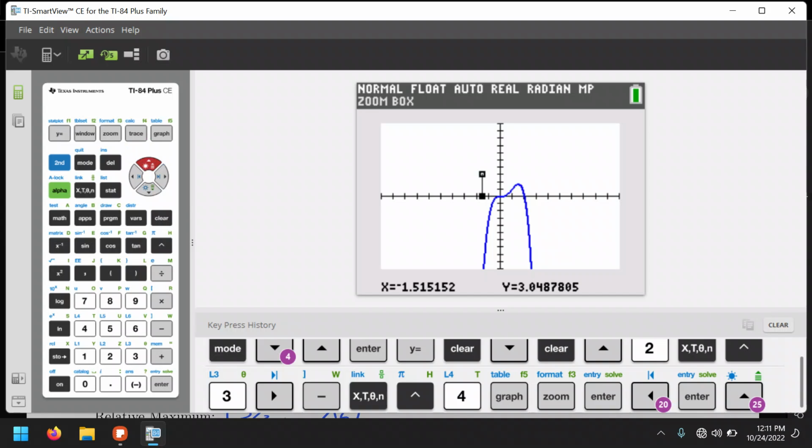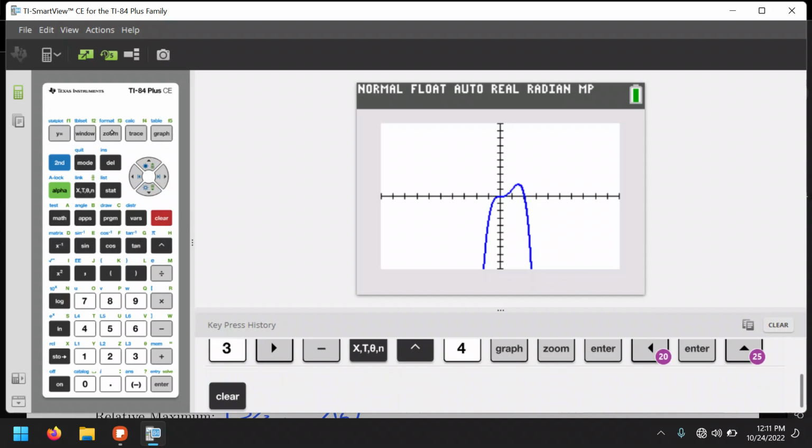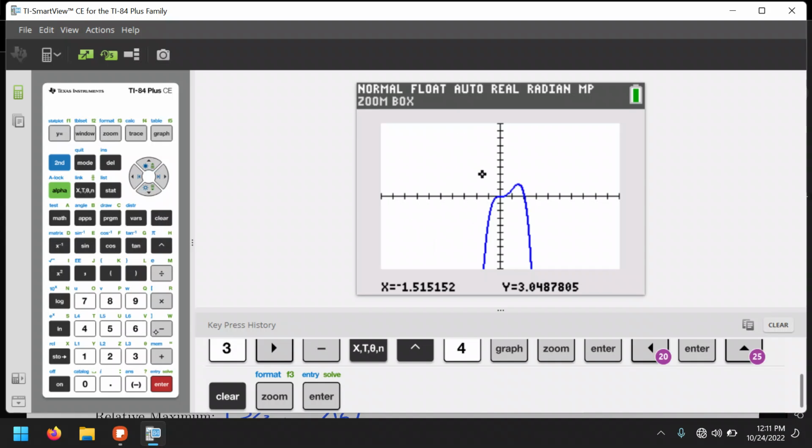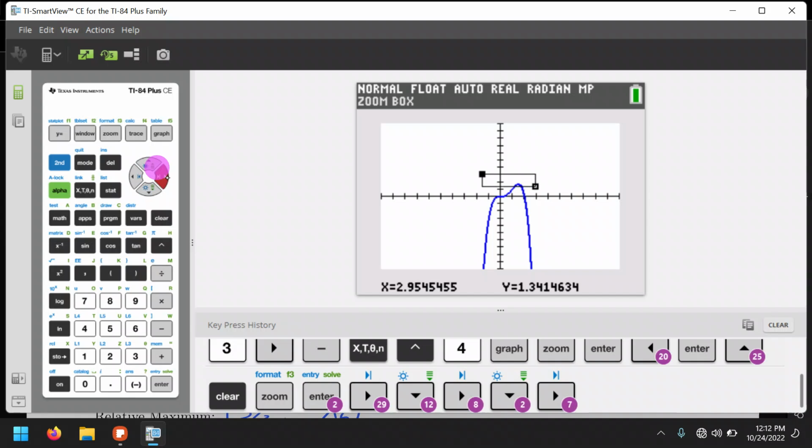I don't think that's going to be okay. Zoom box. Some units to the right, some units to the left.